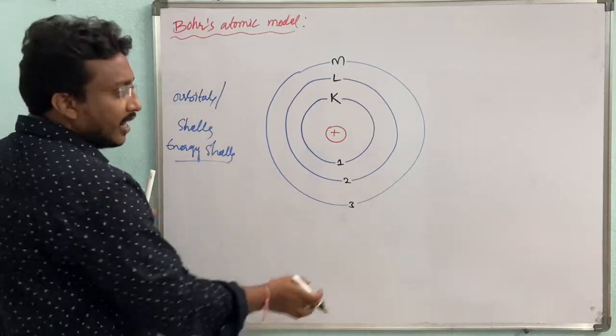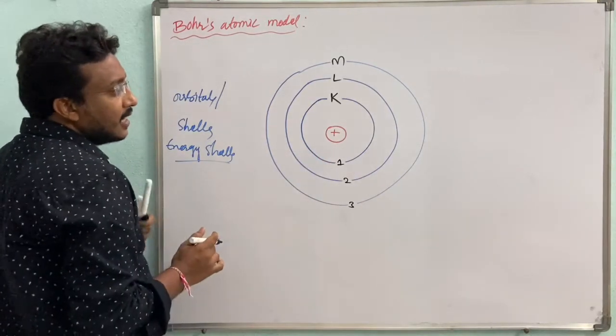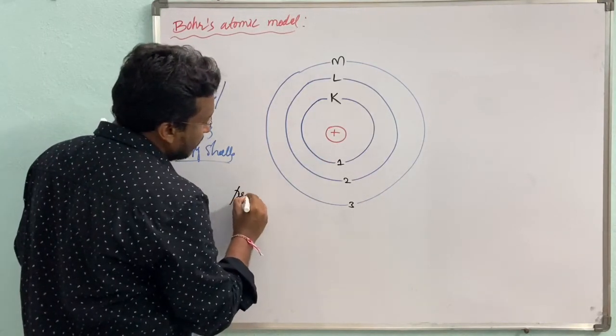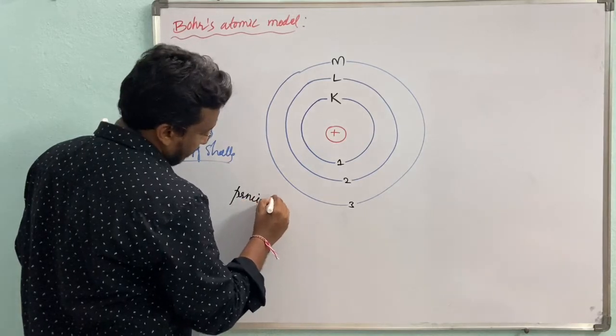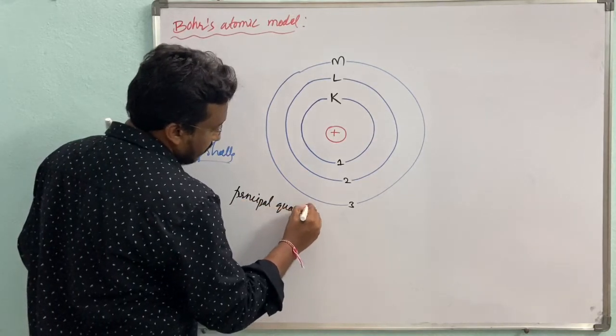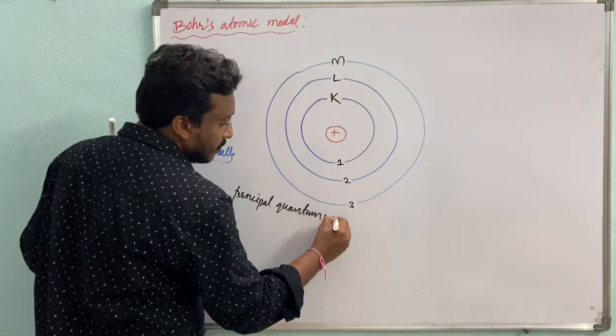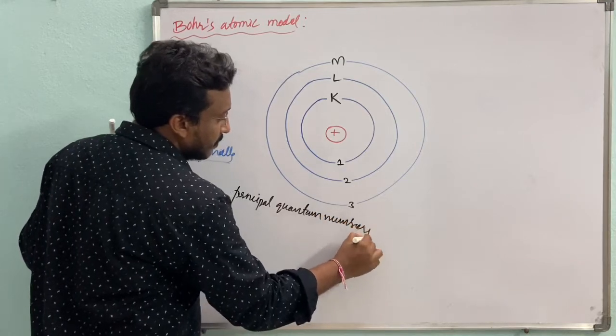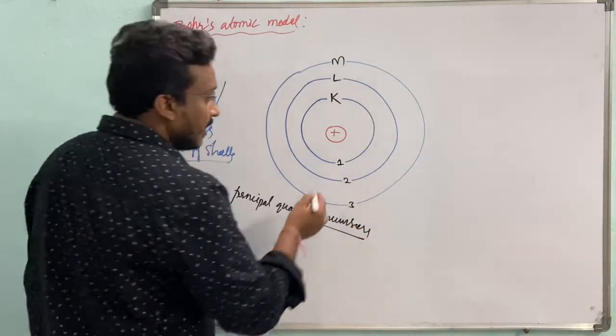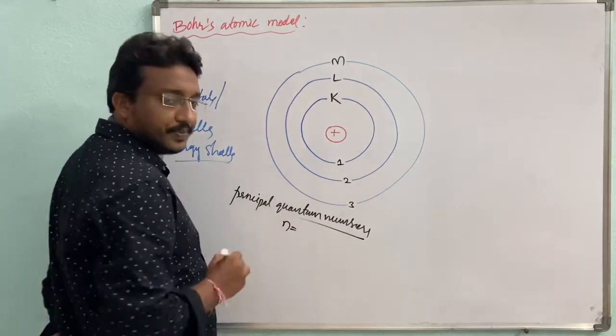These numbers are called principal quantum numbers, designated with n.